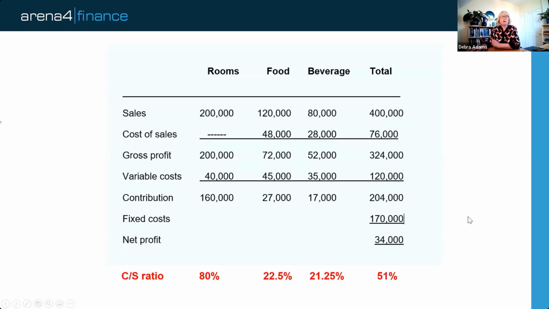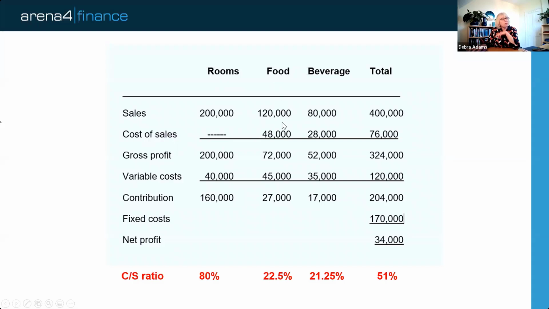Well, this is probably the most complicated part of today's presentation, but what I've done here is I've taken that 400, the total sales up there, and then I've applied all my percentages that were in the previous table to calculate this little mini profit and loss account, and then I've put in some fixed costs down here. So for rooms or accommodation, we've got sales, no cost of sales, so the gross profit is 100%, but there were some other variables, so that was my contribution there.